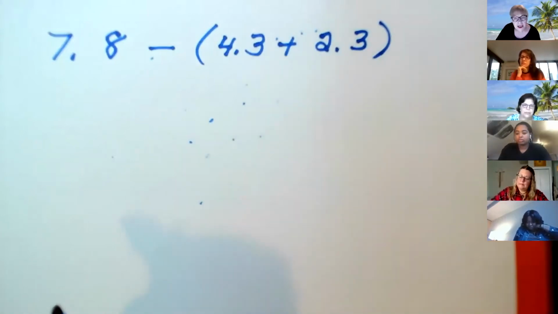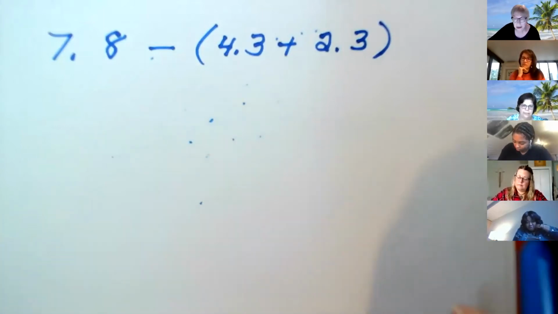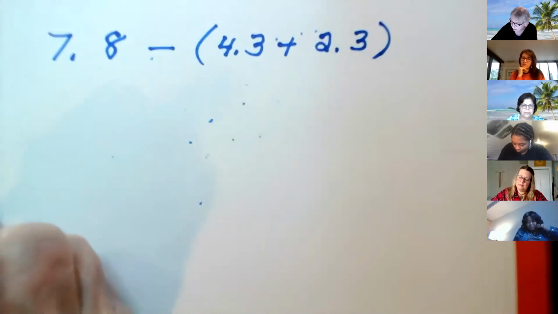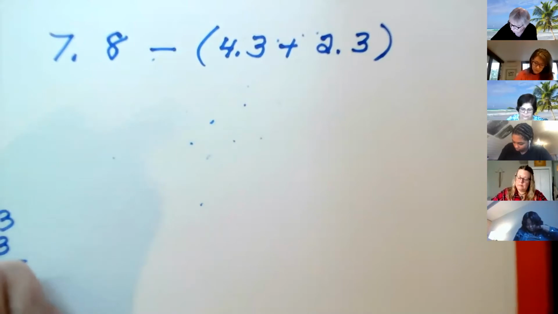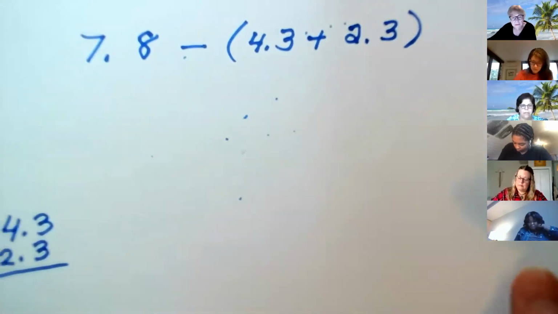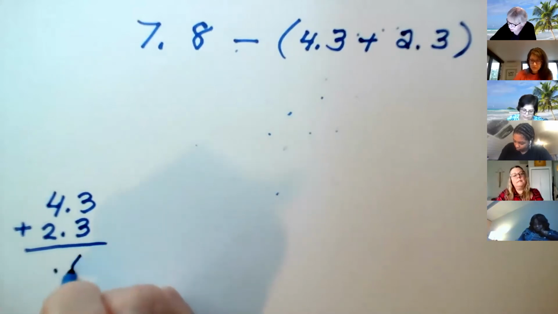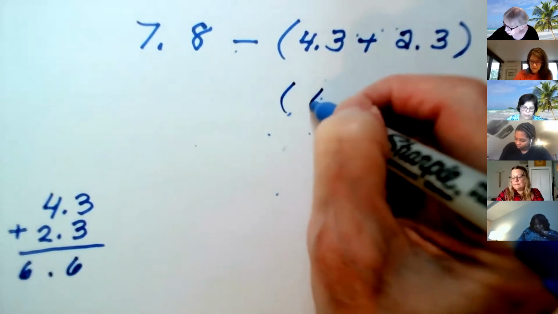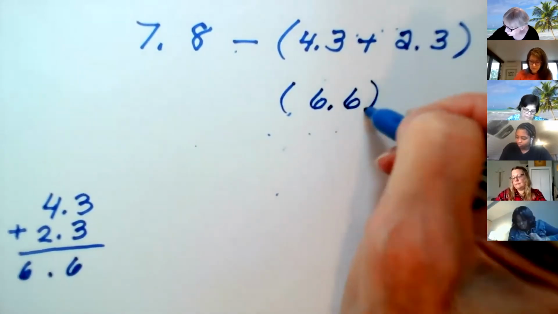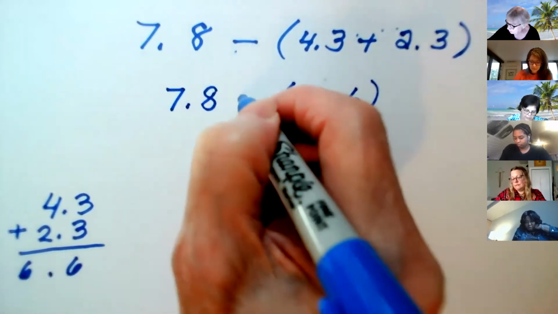And so I have a tendency to write some of the scratch work on the side somewhere, but it sort of keeps my problem clean. Let me bring it so you can see it. So that's lined up. This is a 6. So what it was in parentheses was 6.6 or 6 6/10 at this point in time.